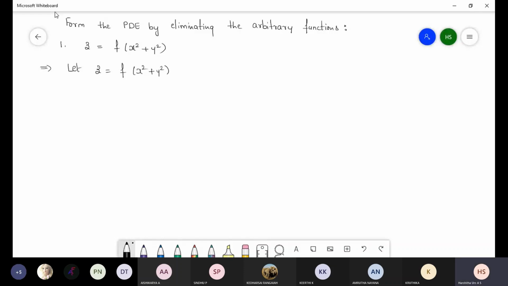Call this equation 1. Here we have to eliminate the function f. So what we have to do, differentiate equation 1 partially with respect to x.